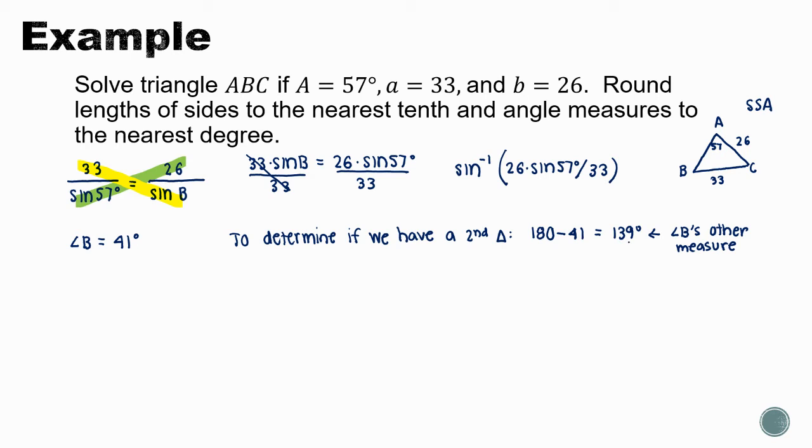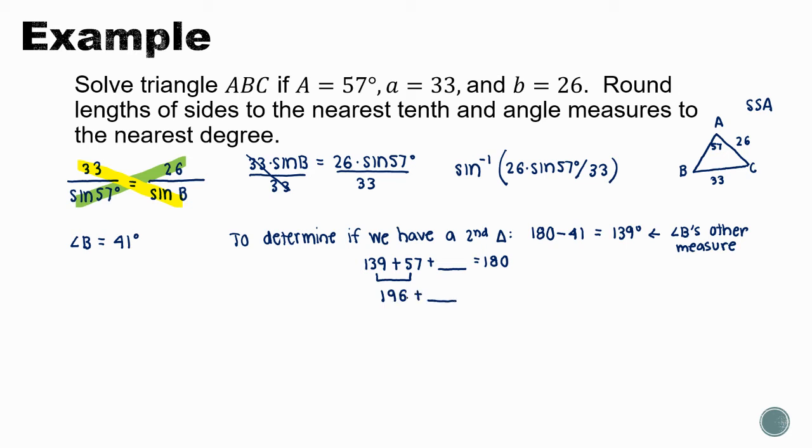So let's think about this. If we think the other angle B is 139, if I take 139 and I add 57 onto it, I still have to be able to add one more angle to have the three angles add to 180. But notice that if I add these two numbers up, I am going to get an answer that is bigger than 180. This ends up being 196.